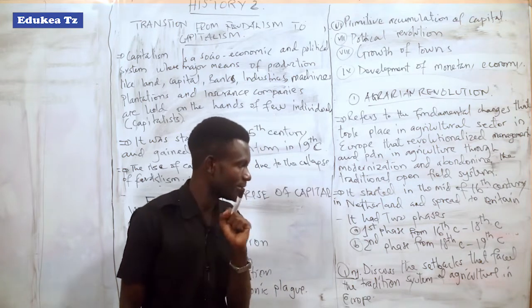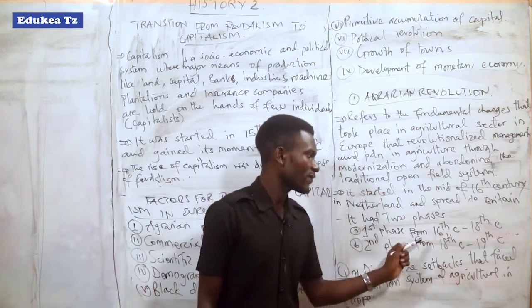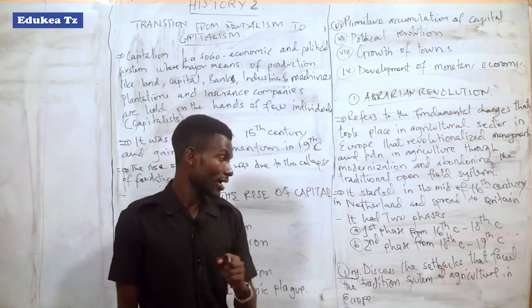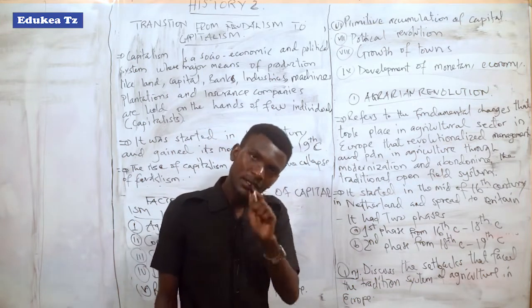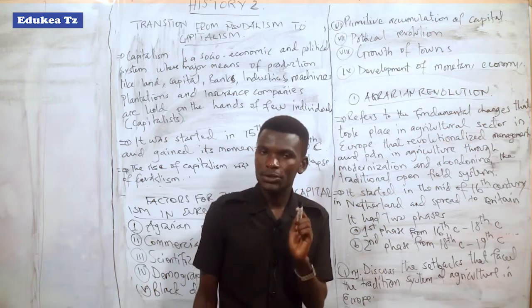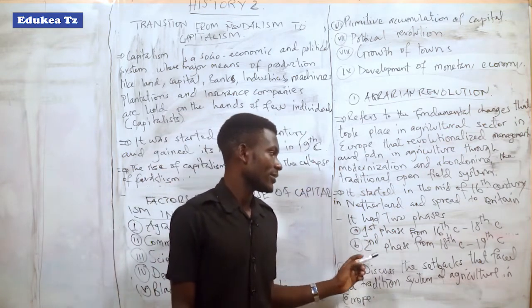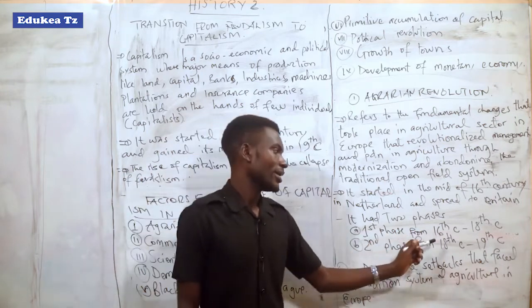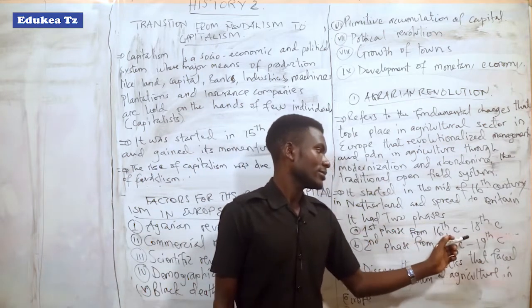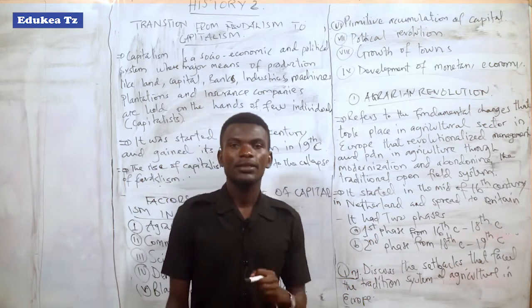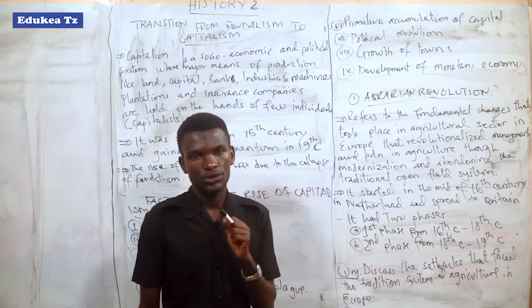You have to notice that the first phase from 16th to 18th century occurred during the pre-industrial revolution, and the second phase from 18th century up to 19th century during the Industrial Revolution.